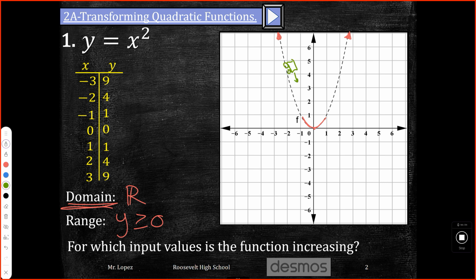You're going down on the left side, and you start going up starting here. So for values of x greater than 0 is where you're increasing. X greater than or equal to 0 is the new concept that you need to understand about functions.